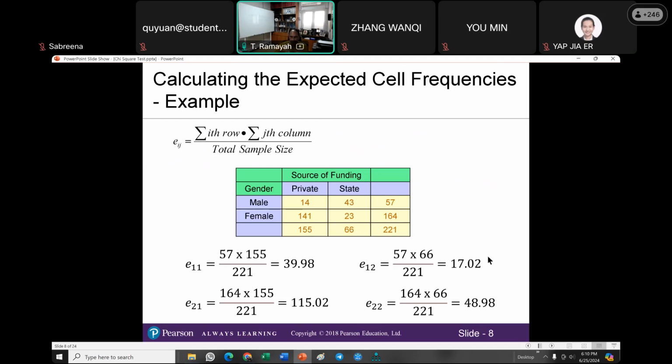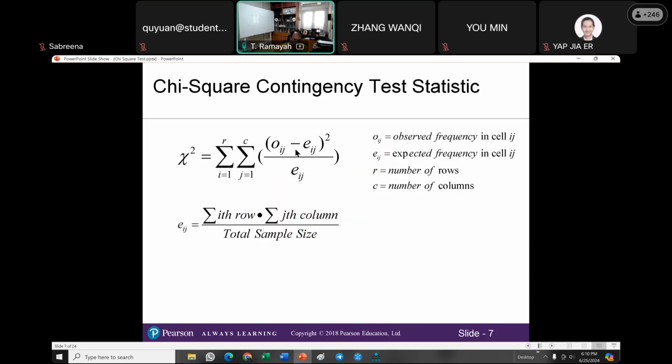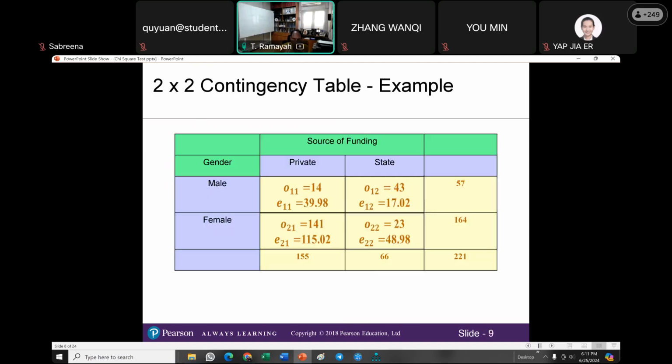So once we get these four expected values, only then can we run the analysis, because the analysis will be observed frequency minus expected frequency, squared, divided by expected frequency. So we can set up a table like this. We already know the observed frequencies: 14, 141, 43, and 23.